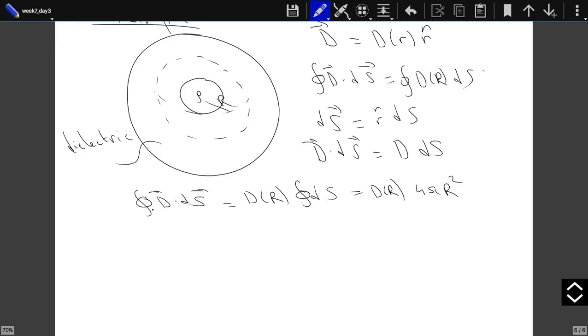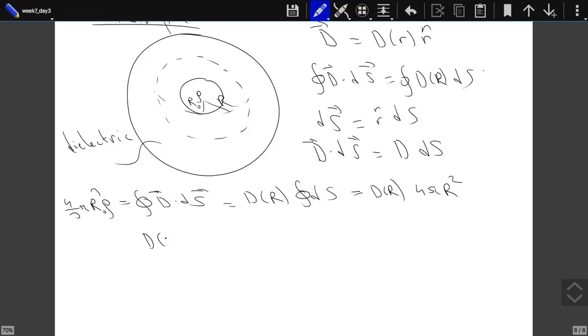And at the same time, this has to be equal to 4 over 3 pi R0 cubed rho, since I'm outside that region which contains the charge density. Since it's uniform, I multiply it with the volume. R0 is the radius of the region that contains the charge.